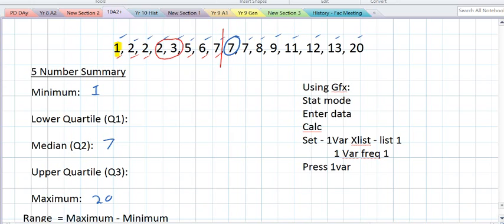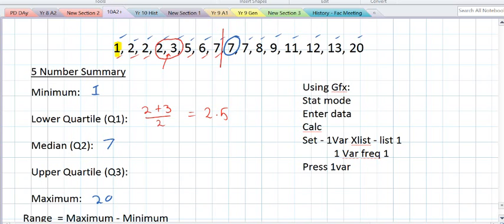Now, if you find a pair, you add them together and divide them by 2. Because really you're trying to find in between here. So the lower quartile is the median of the bottom half. And what we're saying is that 25% of our data is below 2.5 and 75% of the data is above 2.5.